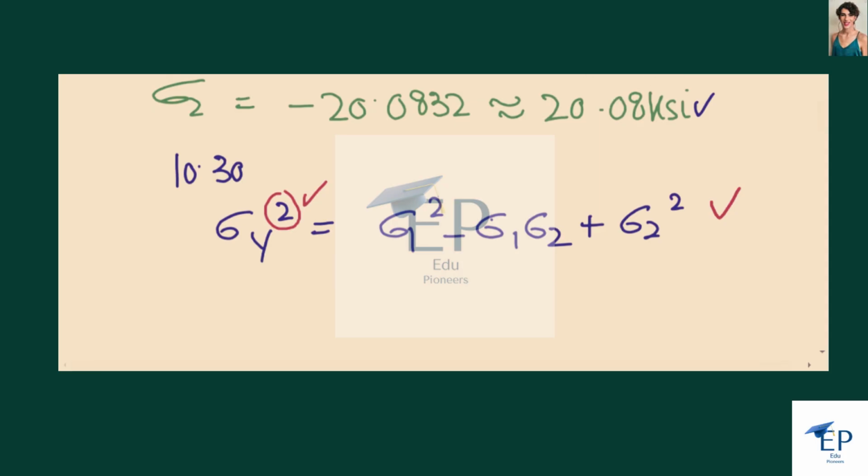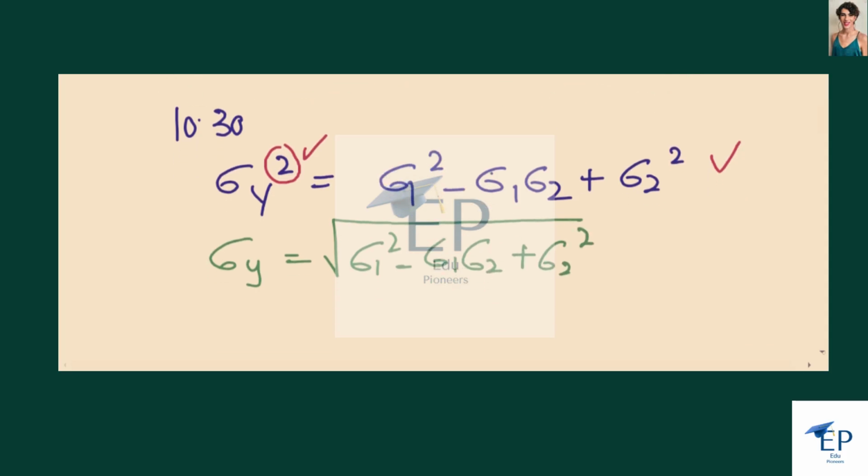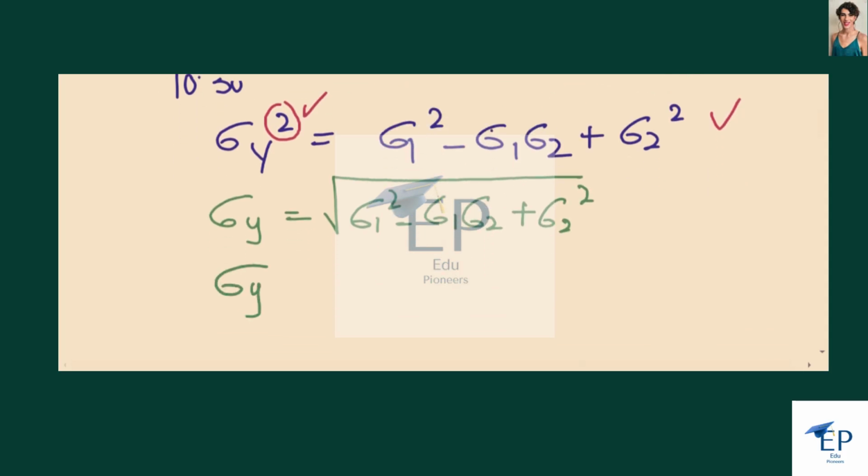So we'll get sigma sub y is equal to under root sigma sub 1 square minus sigma sub 1 sigma sub 2 plus sigma sub 2 whole square. Just plug in the values and we'll get that sigma sub y is equal to 41.9097. That is approximately equal to 41.91 ksi.